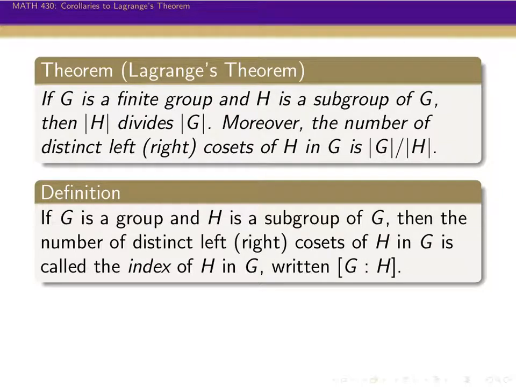And so the number of cosets times the size of each coset, and the size of each coset is the order of H, is going to give us all of G, because every element is inside exactly one of them. And so this leads us to this definition of index, which is that if G is a group and H is a subgroup of G, then the index is the number of left or right cosets. And we write it G colon H, usually.